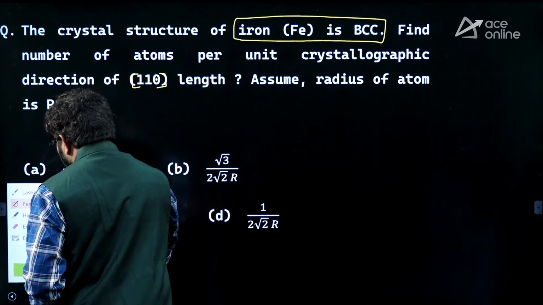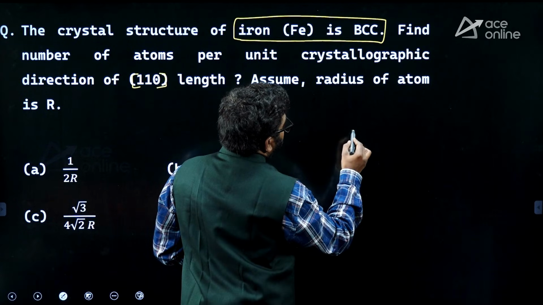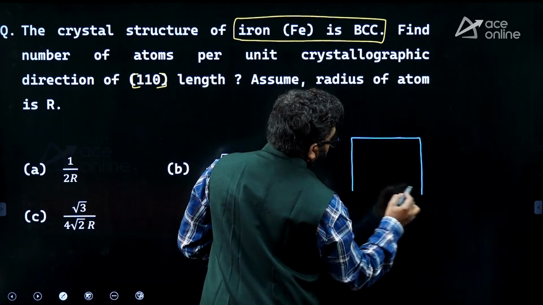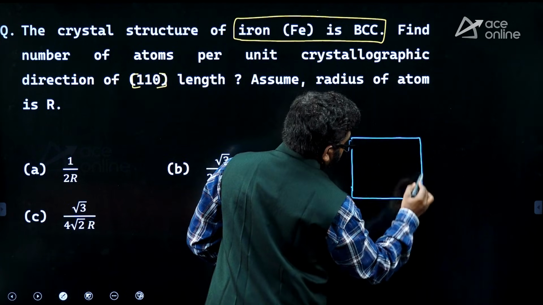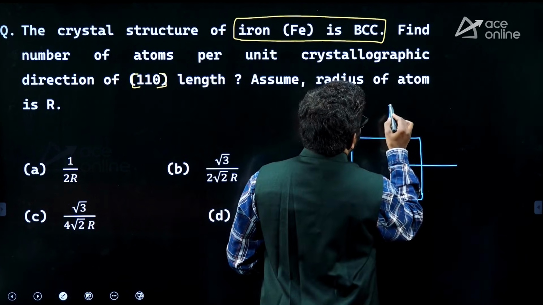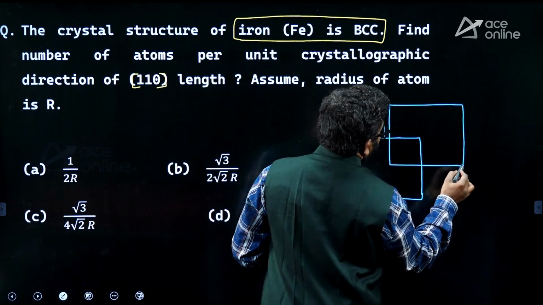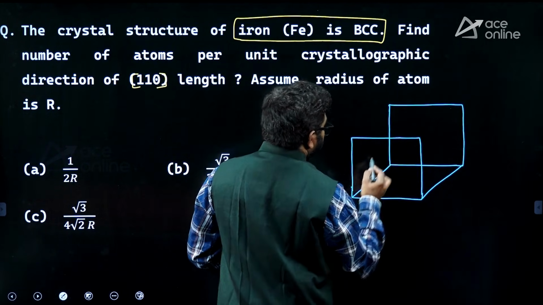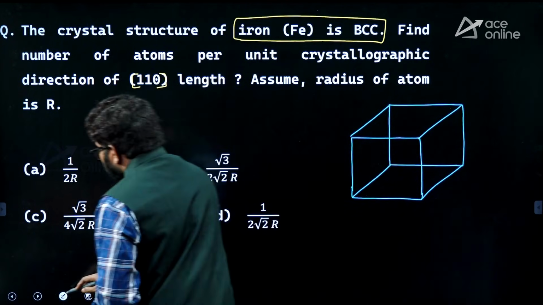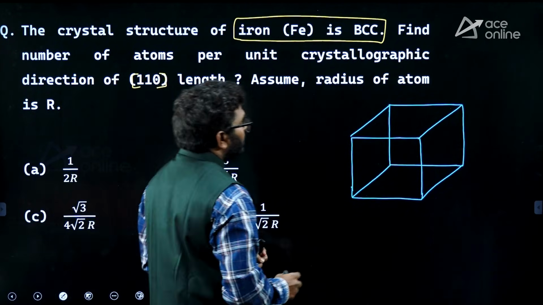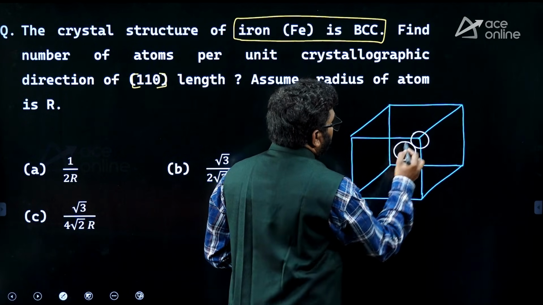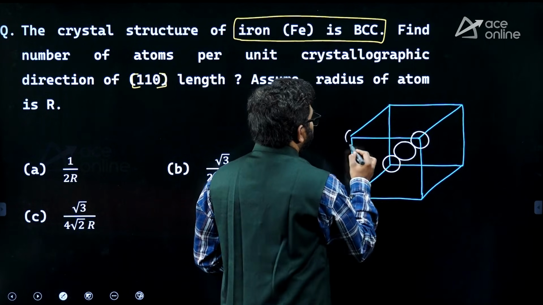So, let us consider the BCC structure. Now in BCC structure, listen carefully, there is one atom at the body center and at every corner one atom is there like this.